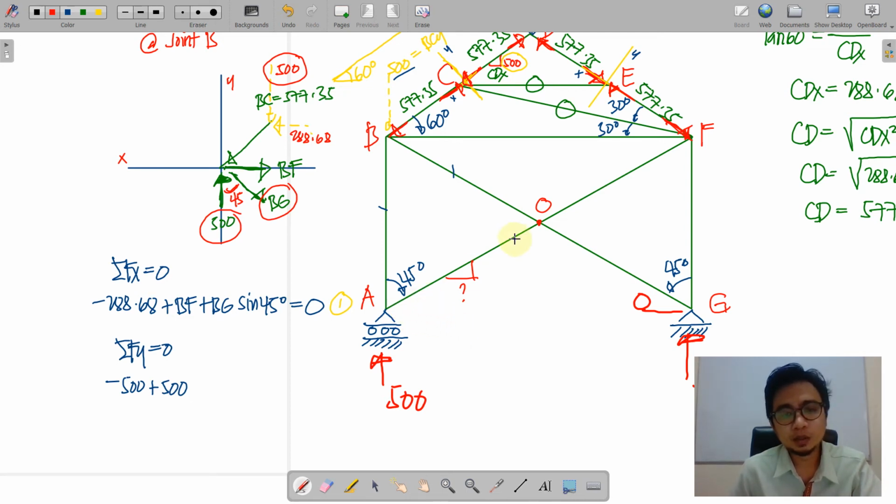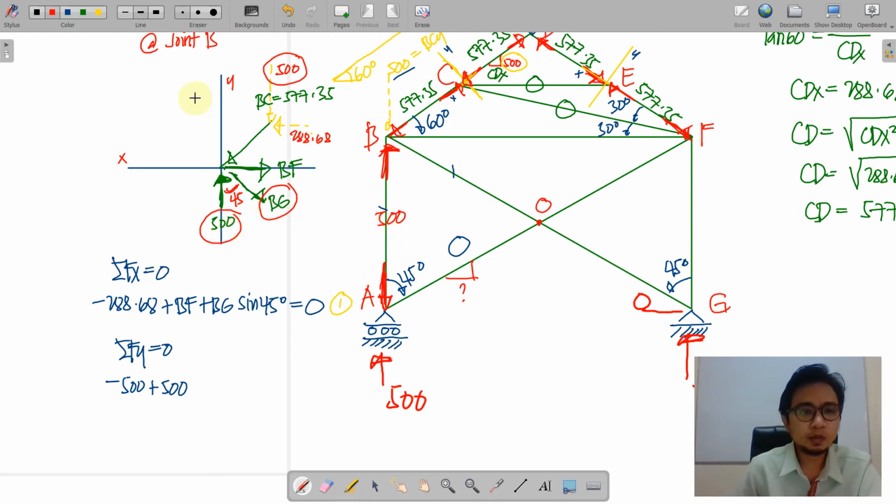It will cause an imbalance if we have a horizontal force here. So therefore, AO must be again a zero force member. Hence, we have here a compressive force at AB along A that is equal to 500. This is where 500 here came from.